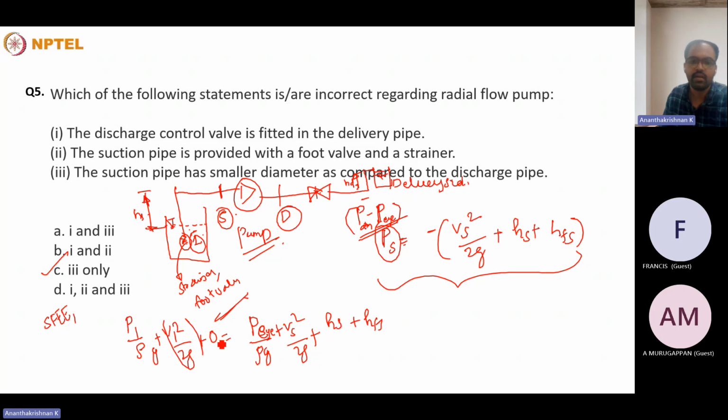This V1 will be very much lower than the suction side velocity, as the area of the sump will be very large compared to the area at the impeller eye. So this is approximately equal to 0.